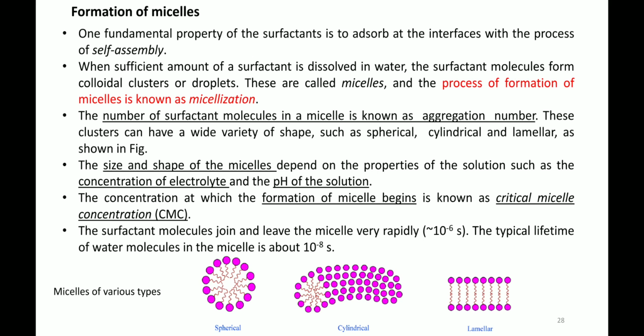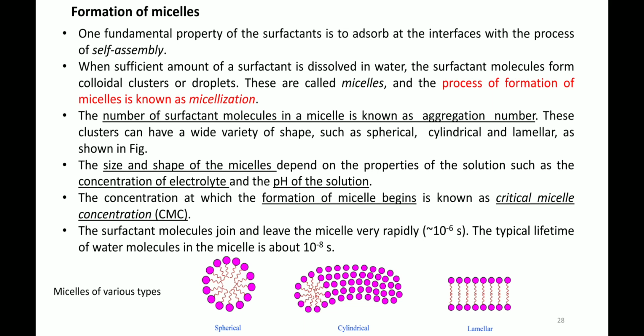That is what we have shown in the last diagram: the amount of surfactant which we are adding into the water or into the oil is an important factor. When a sufficient amount of surfactant is present in water, these surfactant molecules form colloidal clusters or droplets, and these clusters or droplets are nothing but the micelles. The process of formation of micelles is known as micellization.